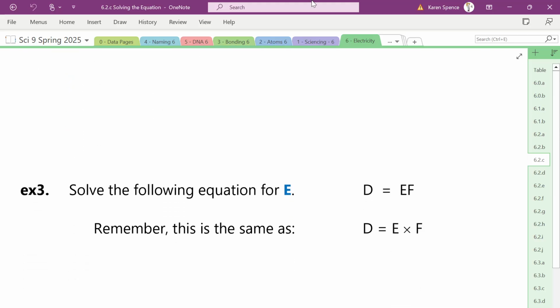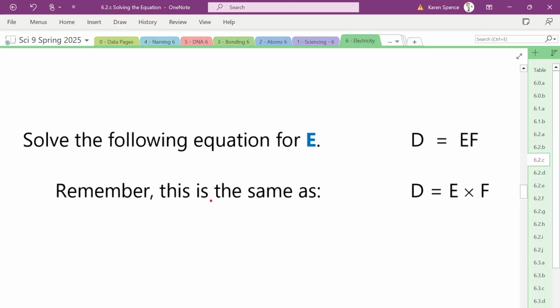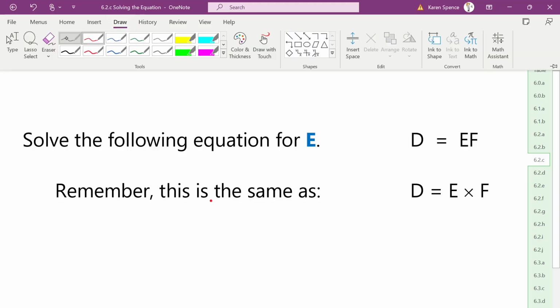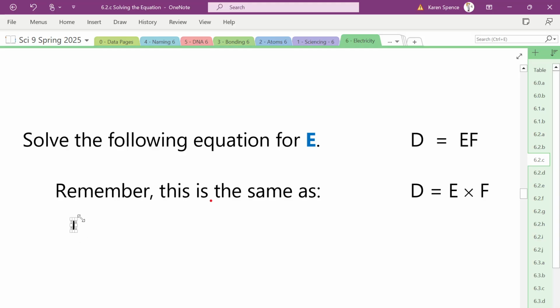So we are going to solve the following equation for E. We've got D is equal to EF. And when we have EF, remember that's exactly the same as E times F. Yes? When we're trying to solve for something, what do we want to do first?